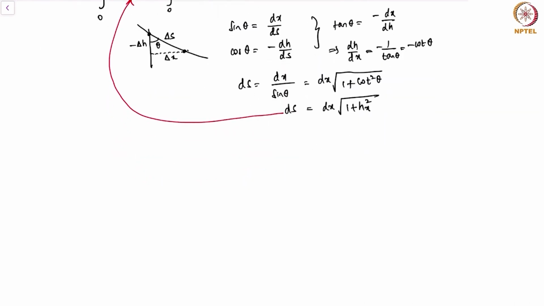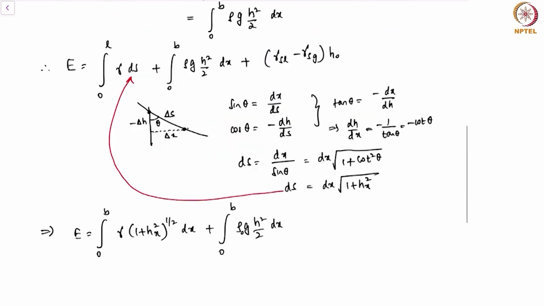Therefore I now have E will be 0 to b gamma 1 plus hx square whole power half dx plus 0 to b rho g, or rho is rho naught g h square by 2 dx.